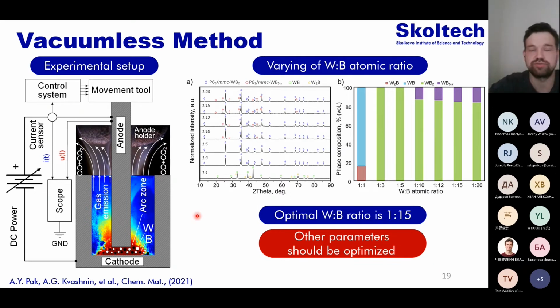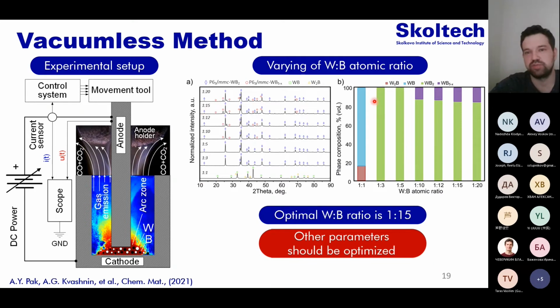Then we tried to optimize the parameters of this experiment in order to obtain a large amount of tungsten boron 5-6. First, we varied the atomic ratio of tungsten to boron from 1:1 to 1:20.